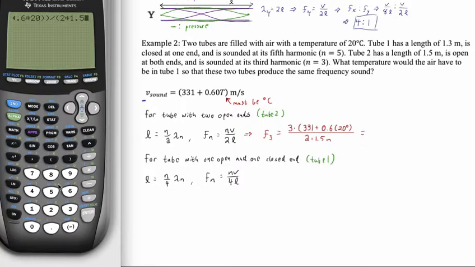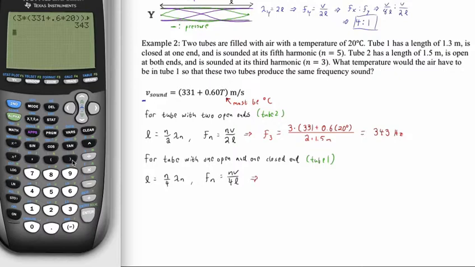So we get 343 hertz as the third harmonic of our second tube. All right, so now we want to match that frequency.